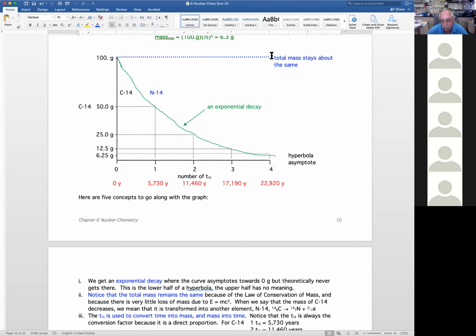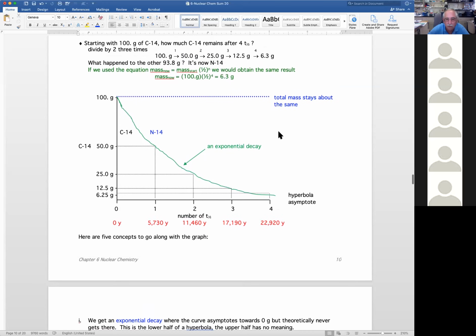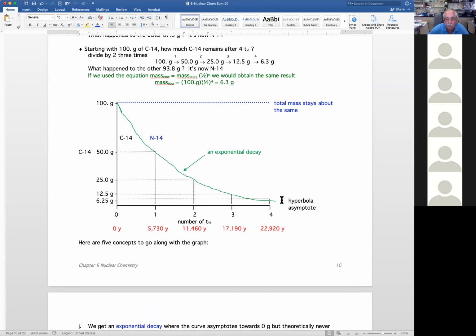Now, after many years of teaching this, one day I realized that what we're looking at is really half of a hyperbola. A hyperbola would go like this, then off like this. But this half has no physical meaning, so we ignore it. But what do you know about a hyperbola?